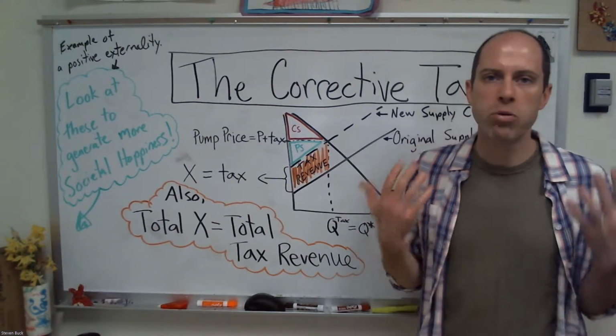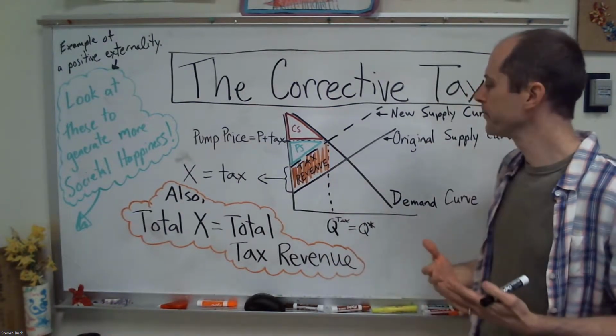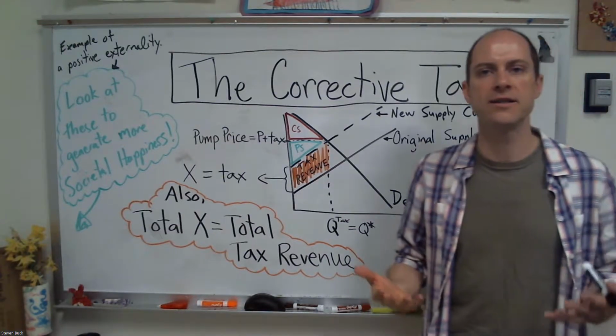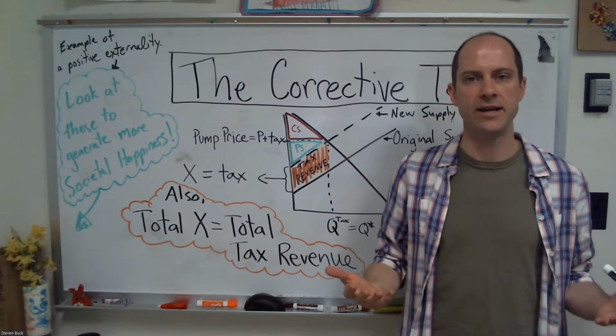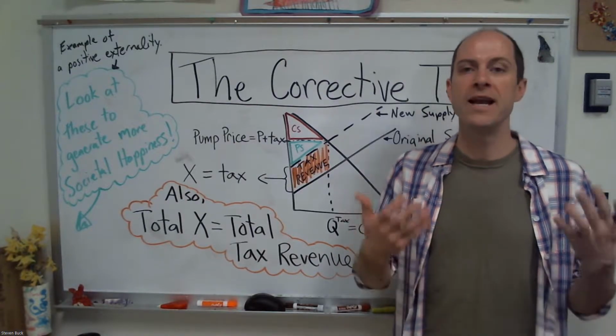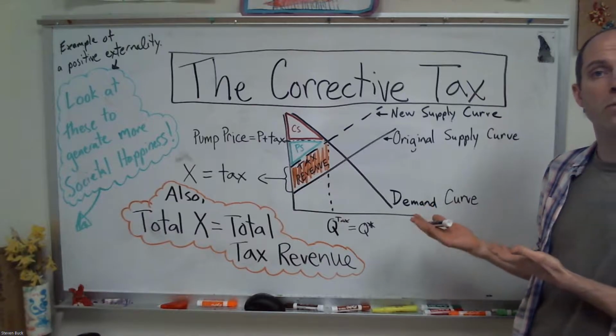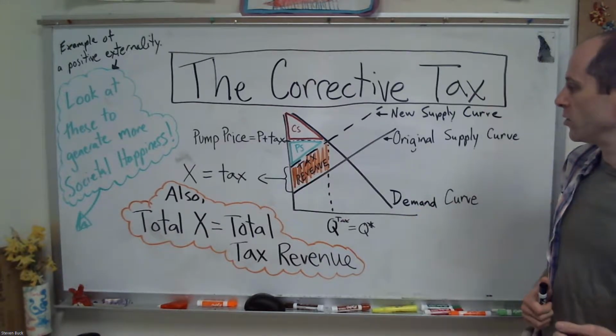Why? The price system works whenever prices reflect all the costs and benefits to society. If there's some negative externality, we can think of our coal-powered electricity example.